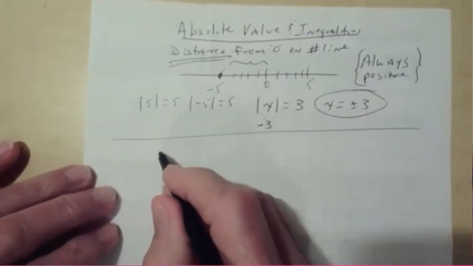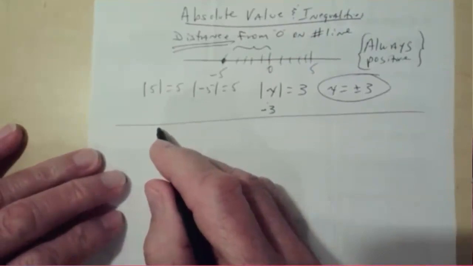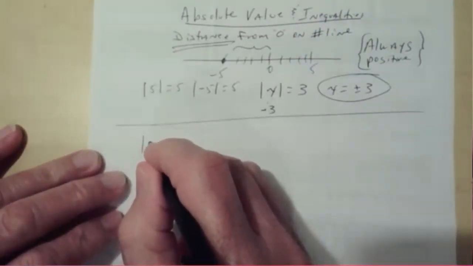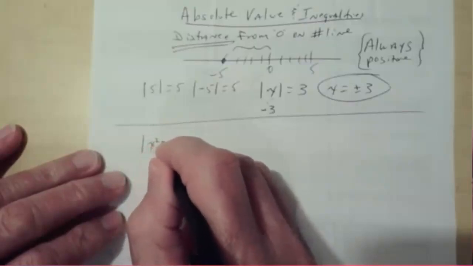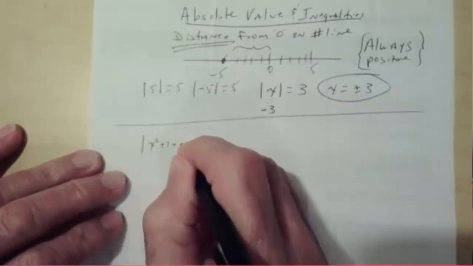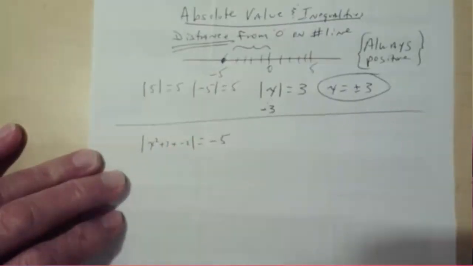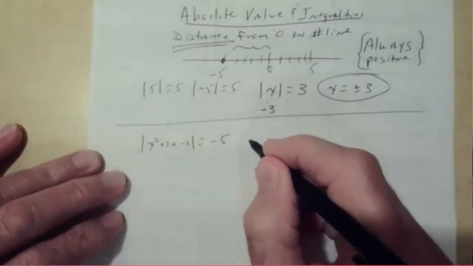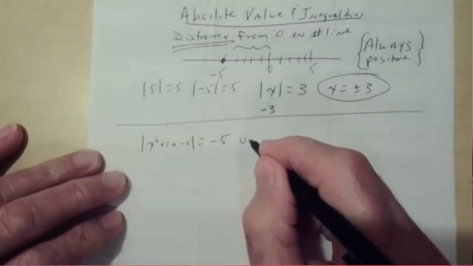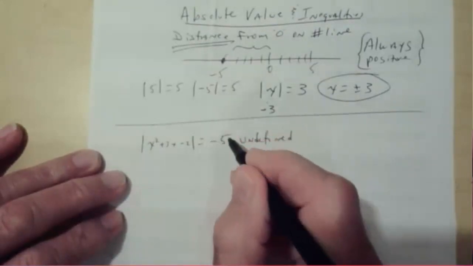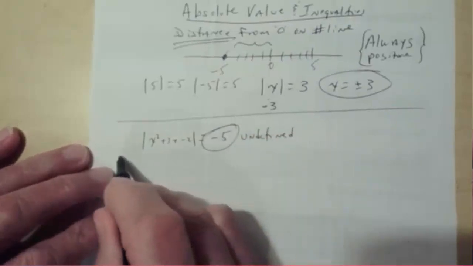If you get this, and I'm going to do this to you on a test or a quiz or something, the absolute value of x squared plus 3x minus 2 equals -5. This is undefined because absolute value is always positive.